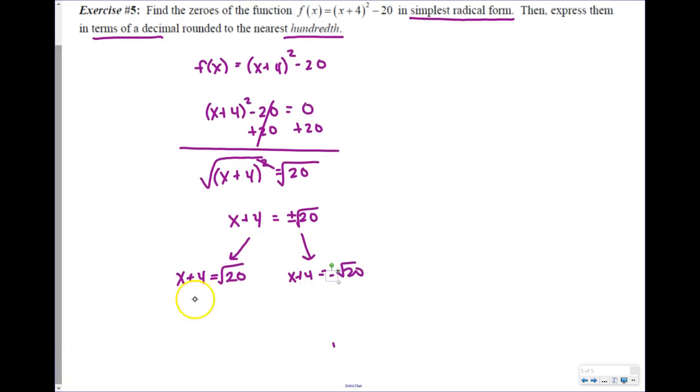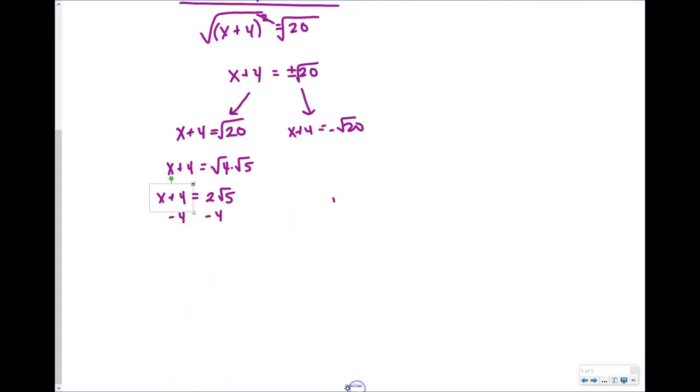Okay, the square root of 20 will simplify into the square root of 4 times the square root of 5. So I get x plus 4 actually equals 2 square root of 5. And then I subtract 4 on both sides, and I get x equals 2 square root of 5 minus 4.